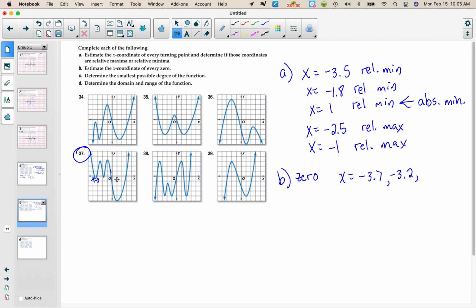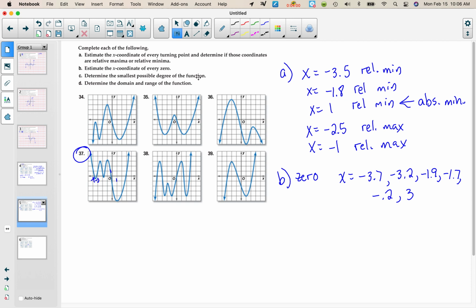Another one at about -1.9, maybe negative, what I call the zero, -1.8. So let's call this -1.7. Another one at about -0.2, and another one it looks like at 3. So 1, 2, 3, 4, 5, 6, looks like 6 zeros.